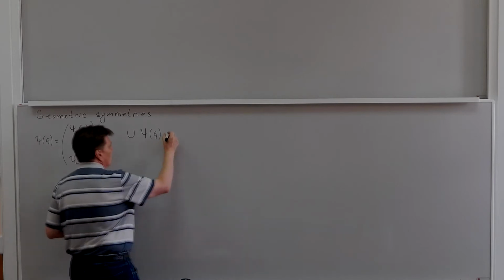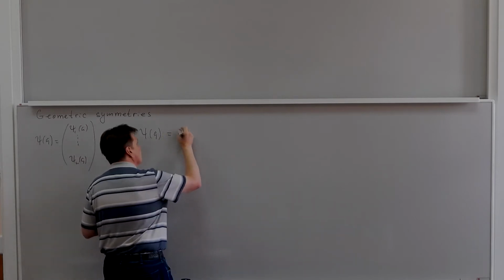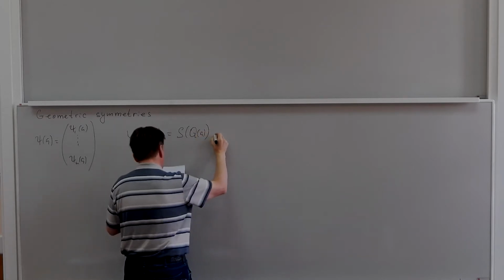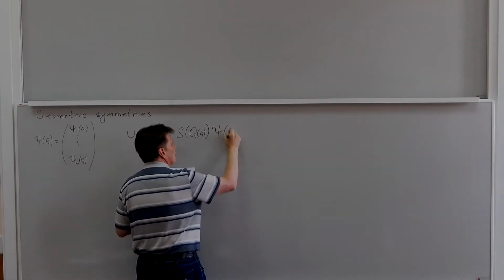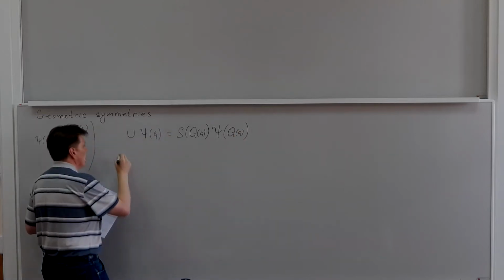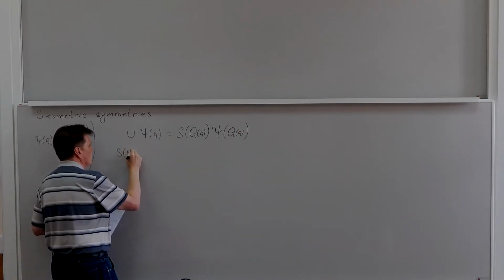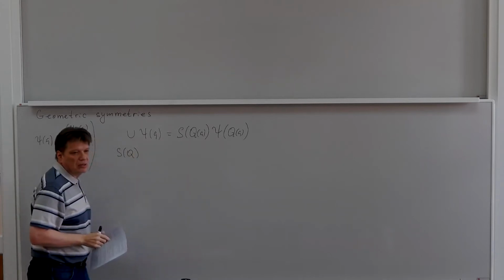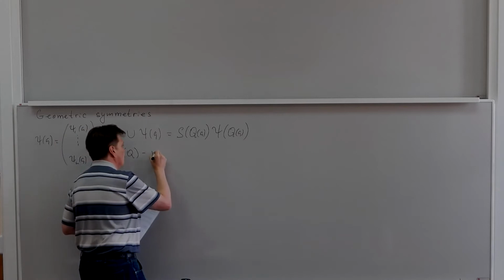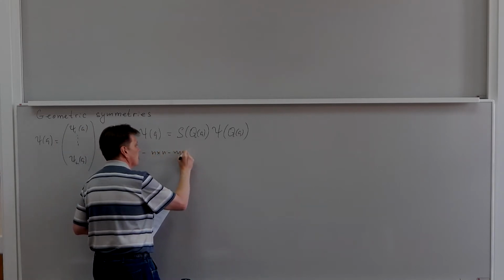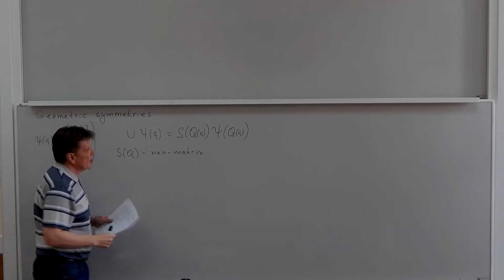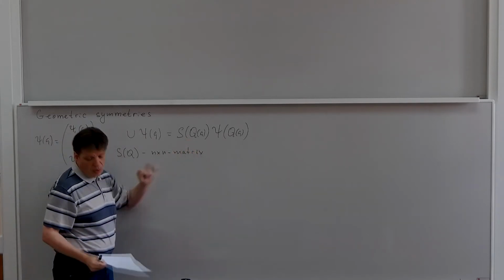And then we say that an operator U acts geometrically in this q representation if it has the following form: U psi of capital Q equals S of q times psi of q small, where S of q is some square n by n matrix whose matrix elements depend on the coordinates q.